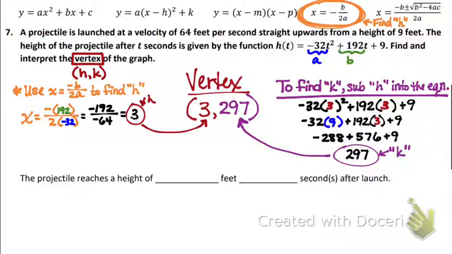All right, so we found our vertex. Now we're supposed to interpret it. It says the projectile reaches a height of, which one of those numbers is the height? The y, the 297 is my height. 297 feet, blank seconds after launch. 3.